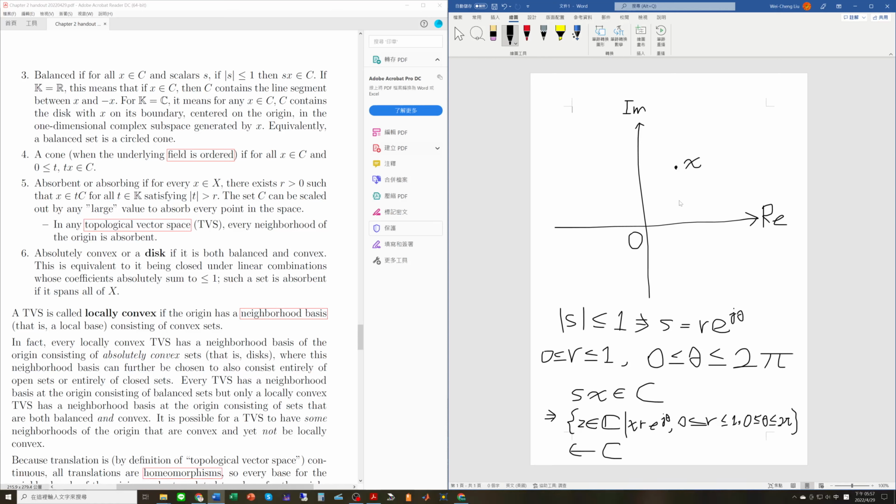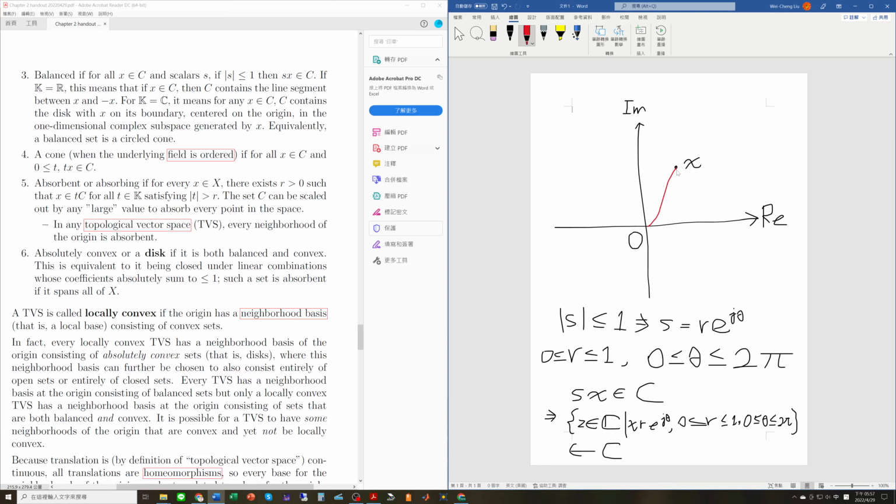It means that we multiply the point x by a scalar, and the distance between the origin and x becomes r times the length of x. So we are on this line segment. And 0 is smaller than or equal to θ, θ is smaller than or equal to 2π.